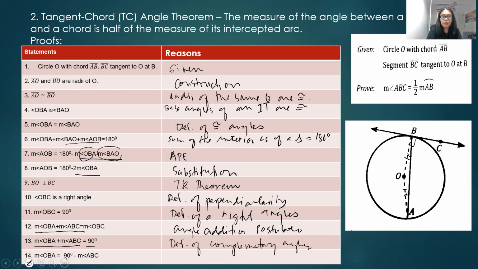Measure of angle OBA equals 90 minus measure of angle ABC. Take note that this was transposed to the right side, and this is about the addition property of equality.